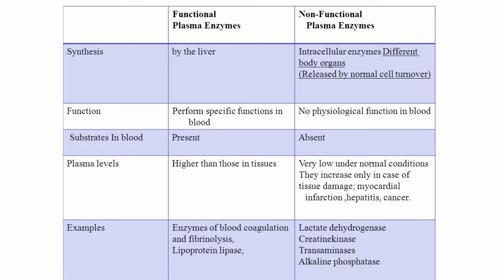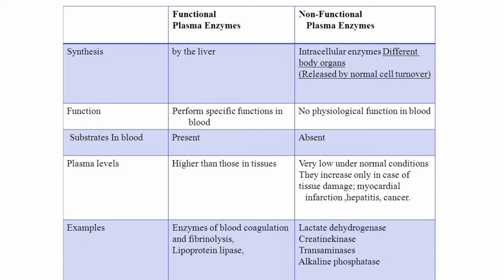Now, here you must know what is a functional plasma enzyme and what is a non-functional plasma enzyme. Functional plasma enzymes are those enzymes which are present in the blood or plasma normally. These enzymes are synthesized by the liver.